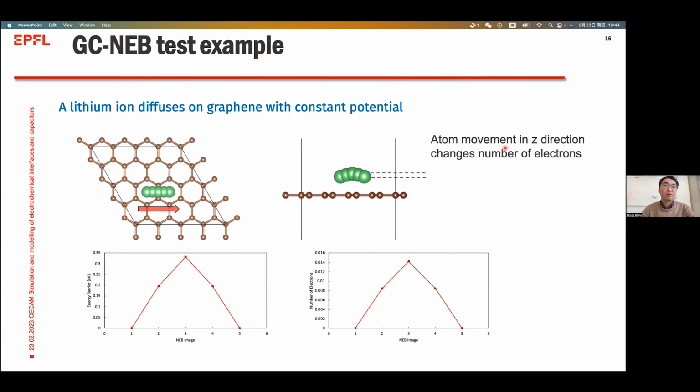And also, if we want to do a constant potential NEB calculation, the number of electrons changes, but this is a very simple example, so the number of electrons changes very little, and the potential keeps the same number in all the calculations.